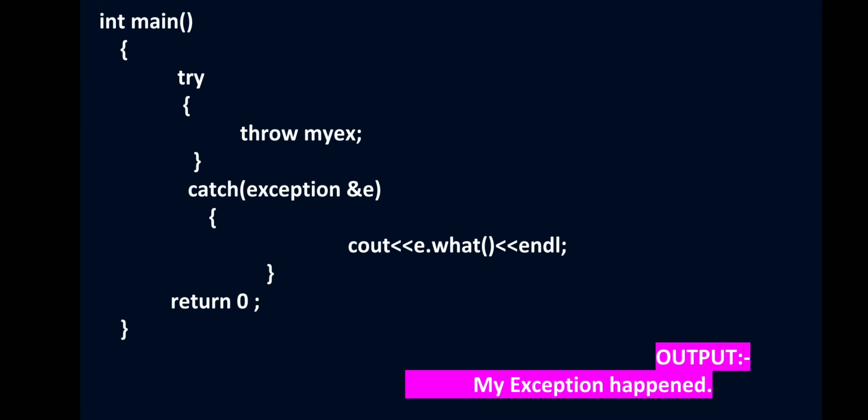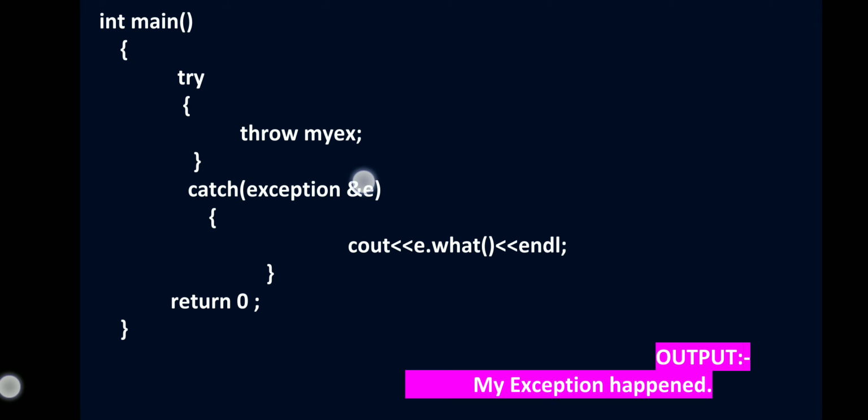Here in the main function, in the try block, I'm throwing myex. This myex is a my exception class object.